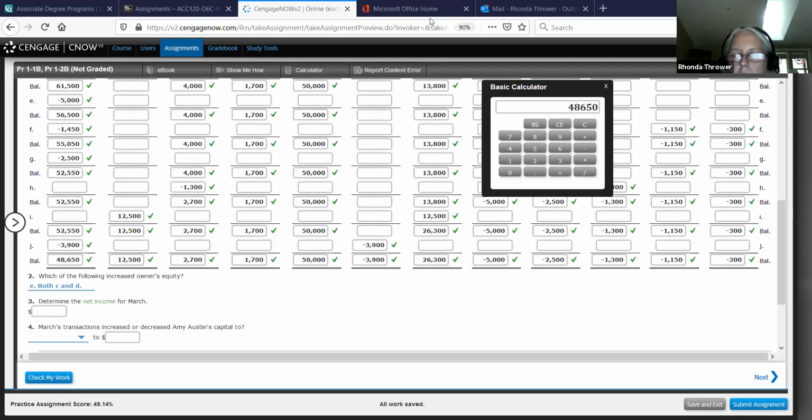That's where I'm getting all of this information right here. You're going to want to total your expenses. When we add up all of our expenses for the month of March, we get 10,250. To determine net income, you're simply going to subtract the total of your expenses from the total of your revenue, and that will leave you with the net income.